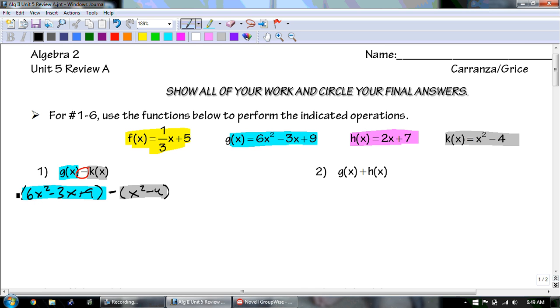In front of the 6x squared minus 3x plus 9 is a positive 1, and when I distribute a positive 1, nothing changes, okay? But in the back, I don't have a positive 1, I have a negative 1 because we're subtracting. So that turns into a negative x squared, and negative times negative is a positive 4.